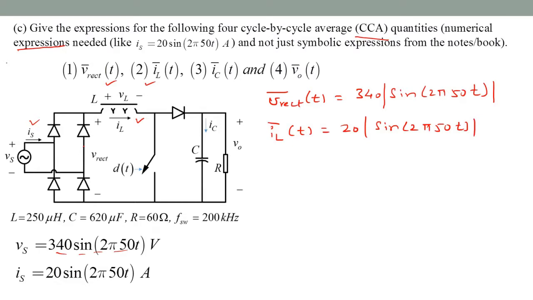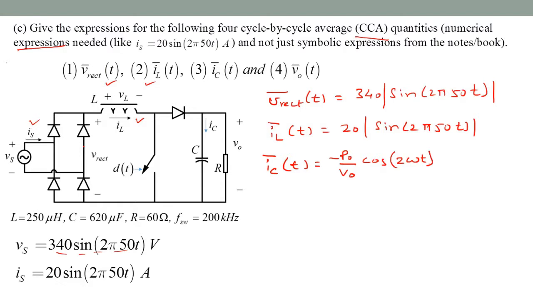Okay, then for IC bar, we have in our notes an expression derived, which was actually minus P out, the output power, divided by the nominal output voltage VO, times cosine at twice the line frequency. We derived this using power balance.